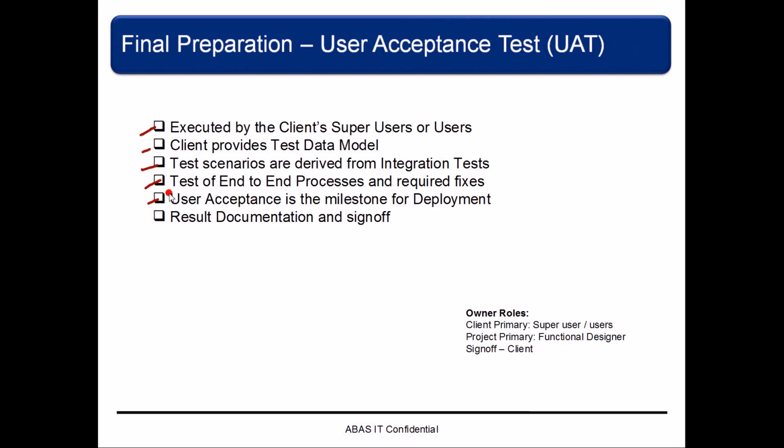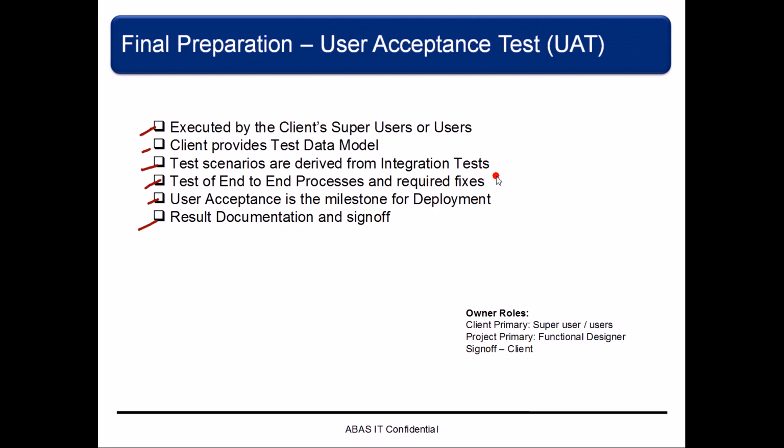User acceptance test is the milestone for deployment. Without this acceptance of the user, we cannot move anything to production, and we have to document the result and get the sign off.